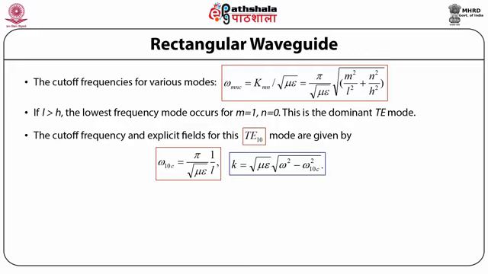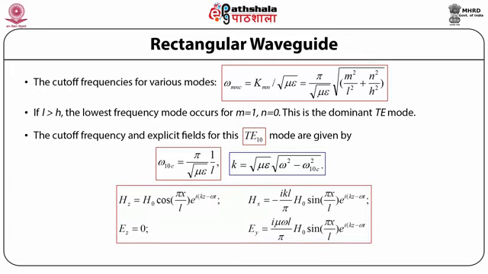So the value of the longitudinal component of the magnetic field then turns out to be Hz is equal to H naught times cos of pi x by L times e to the power i (kz minus omega t). The x component of the magnetic field is given as Hx is equal to minus i times k times L by pi whole times H naught times sine of pi x by L, within brackets, e to the power i (kz minus omega t).